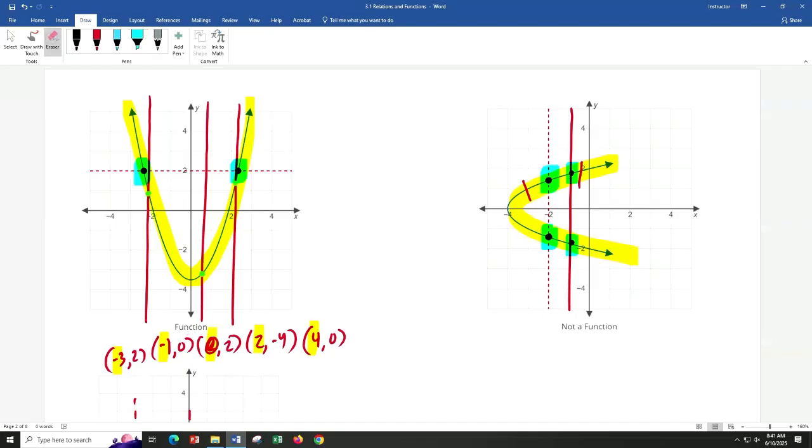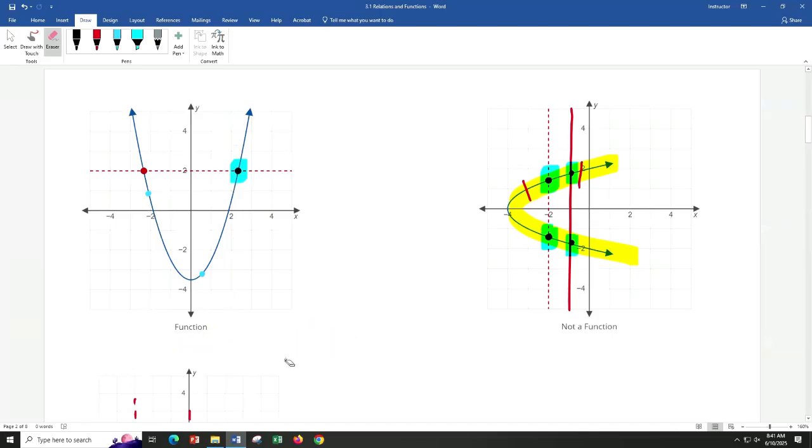Come in here very quickly, make it look a little nicer. Get rid of some of this. Okay. We do need to review something that they don't really hit too much on here. But do you remember domain and range? Okay. Looking at this first one, we're just going to look at this one. Though we can still, hear my words, just because something is not a function doesn't mean it doesn't have a domain and doesn't mean it doesn't have a range.